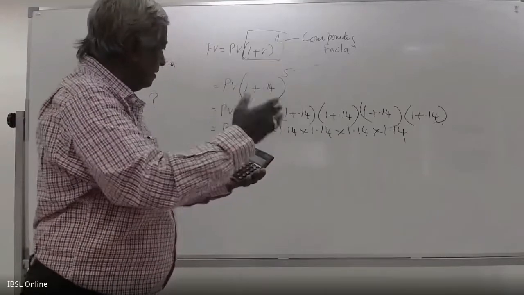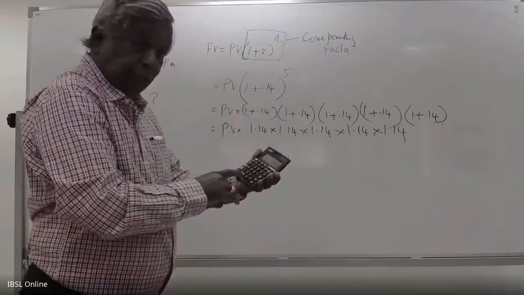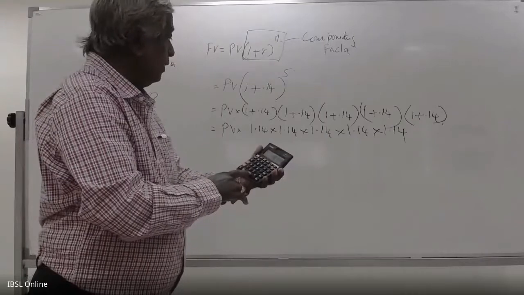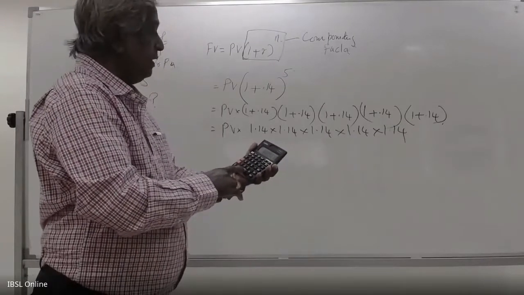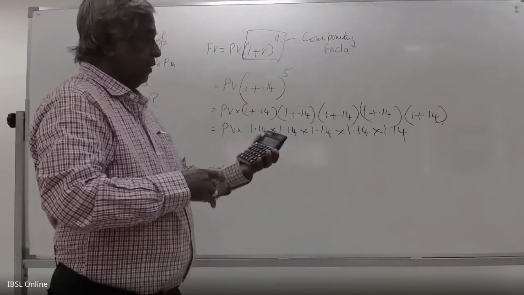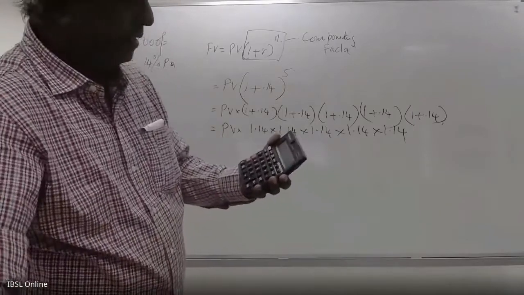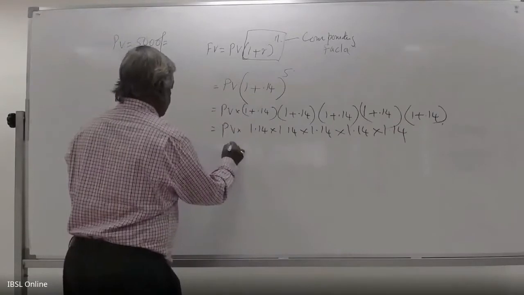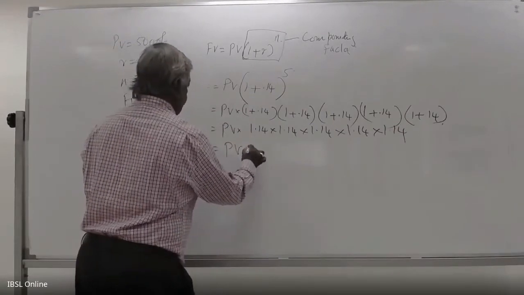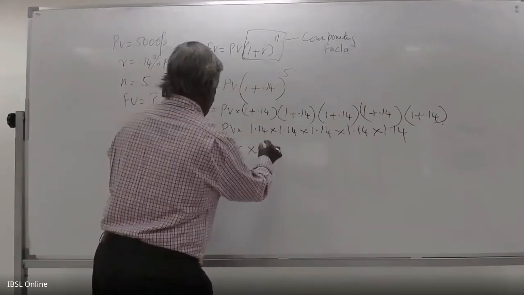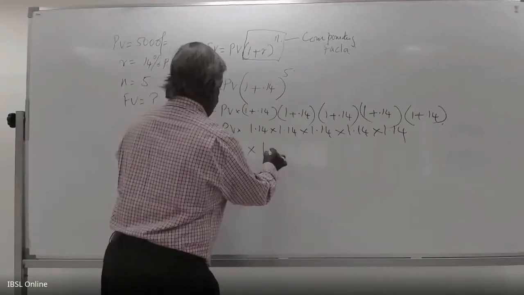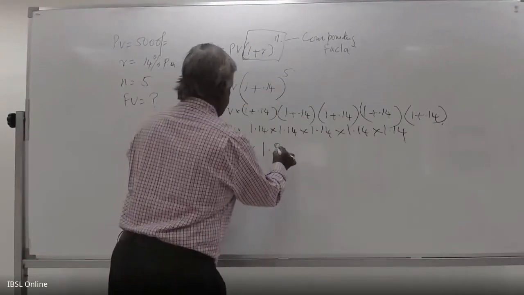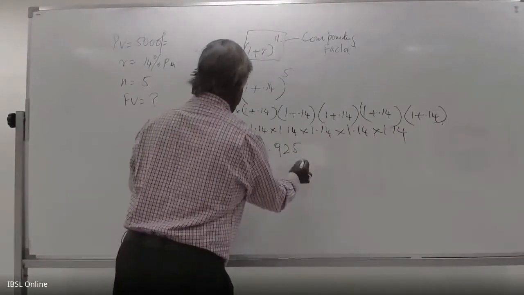So 2 times finished, equal sign 3rd time, equal sign 4th time, equal sign 5th time. So it is 1.9254 with many decimals. So it's equal to PV into 1.925, 3 decimals we have taken.